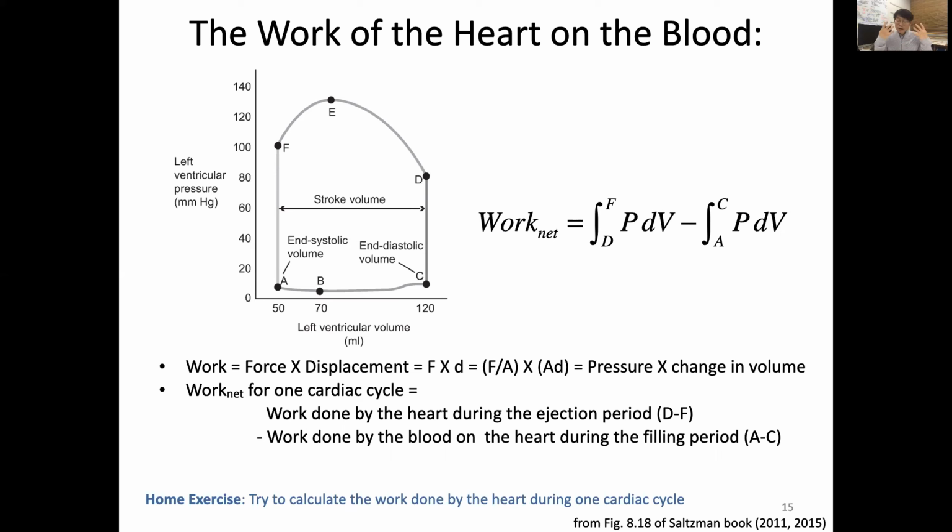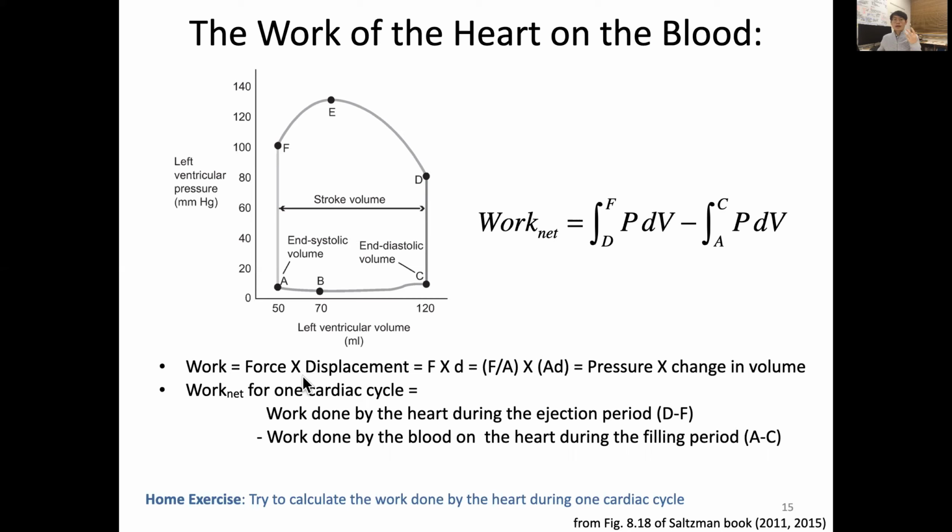But involving a fluid, usually we don't use force, but force per unit area, which is defined as pressure. And area times displacement involves the volume change. So pressure times change in volume is what you can calculate as work.